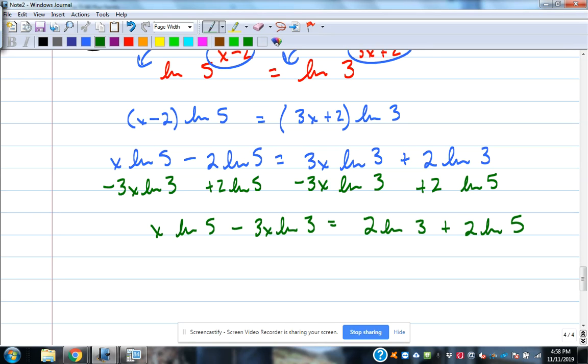So now I have all the x stuff on one side and all the non-x stuff on the other side. So I'm going to mark out the stuff that canceled so that it looks a little bit better.